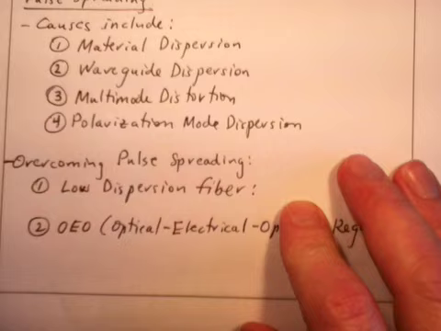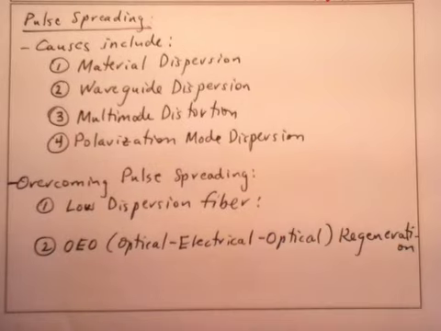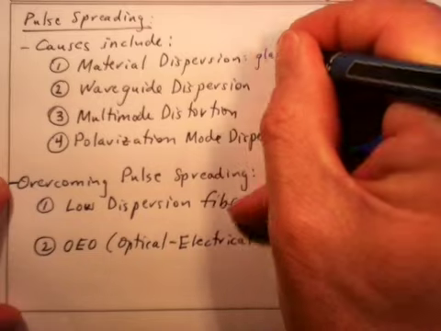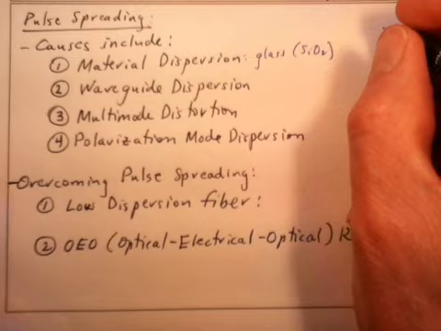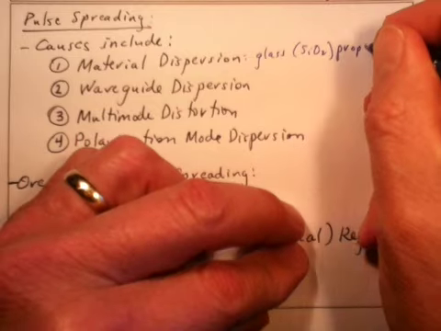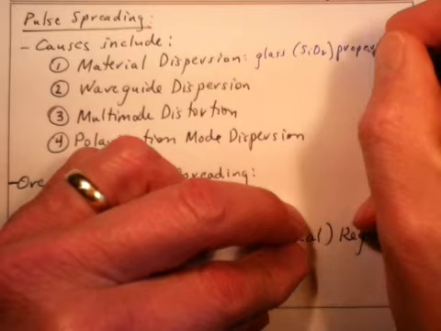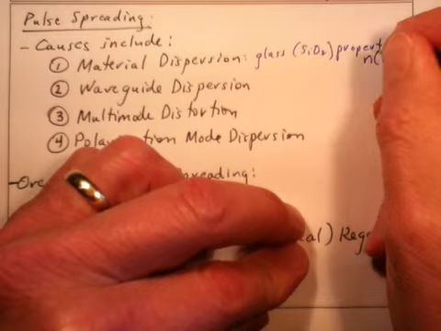The pulse spreading has a number of different possible causes that we'll study. The first is material dispersion. It turns out that the glass itself, that is silicon dioxide, has the property that the index of refraction depends on the wavelength.